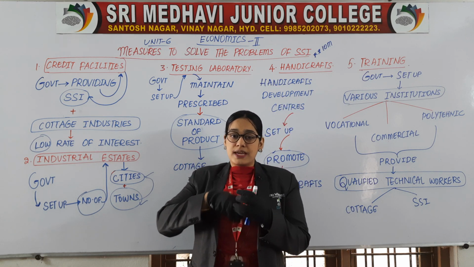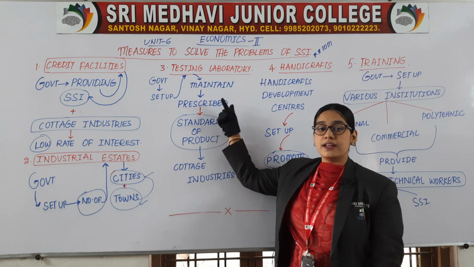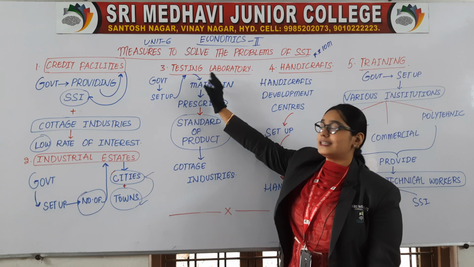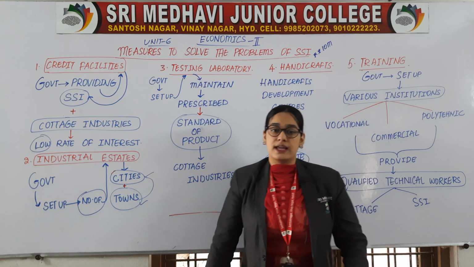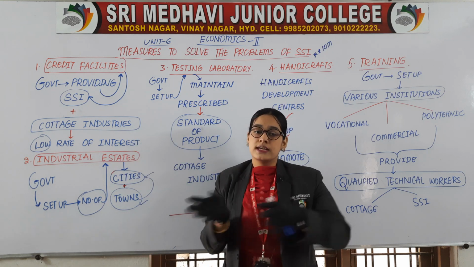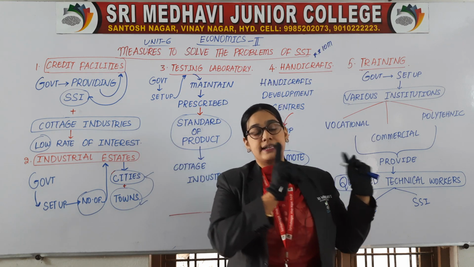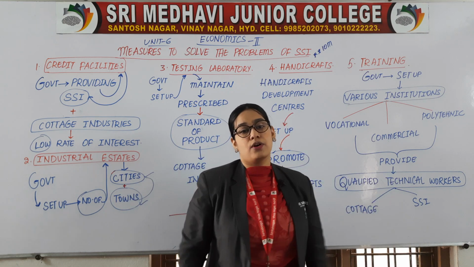That means we want to make good quality products. So what the government has done, it has started testing laboratories in order to check the product. For example, from this side you are manufacturing goods, then on this side there will be testing laboratories which will be testing the quality of your product.